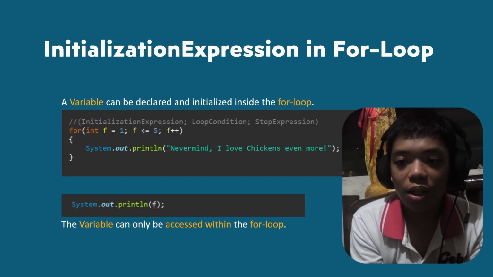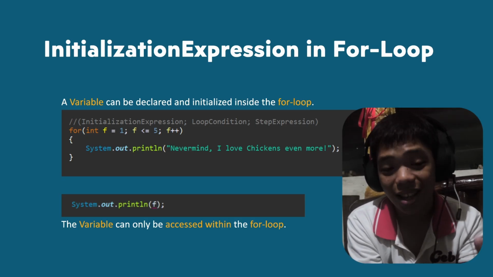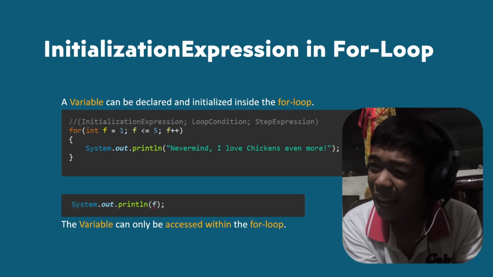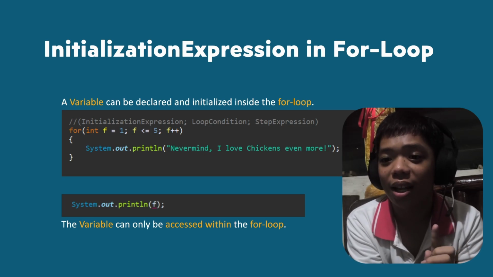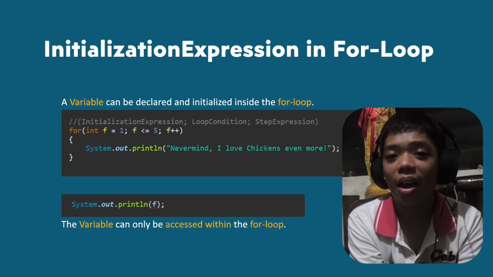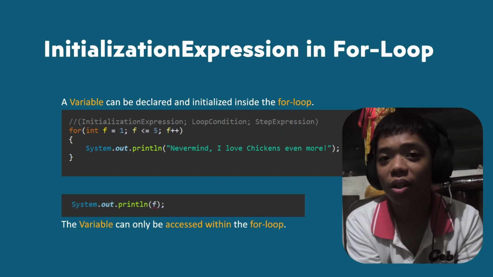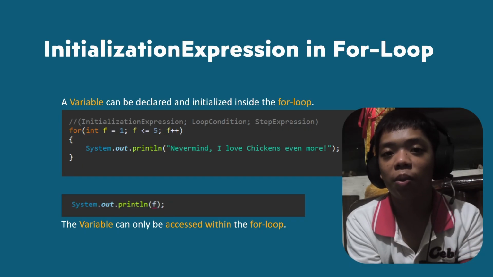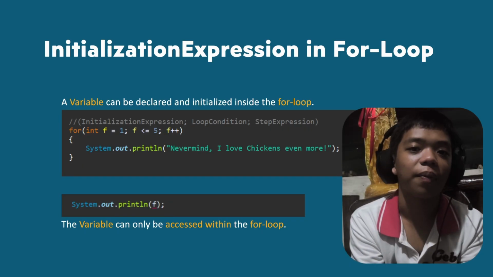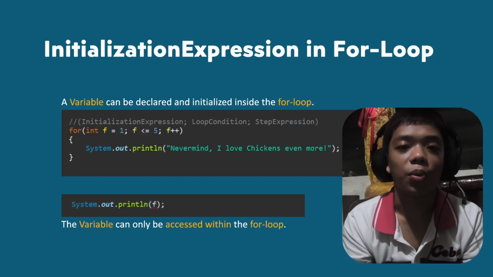Since we declared and initialized that variable f inside of that for loop, that means the for loop is the only one that can access the f variable. So if we try to output it or use it in a different part of the code, it will give us an error, because it is purposely for the for loop itself.